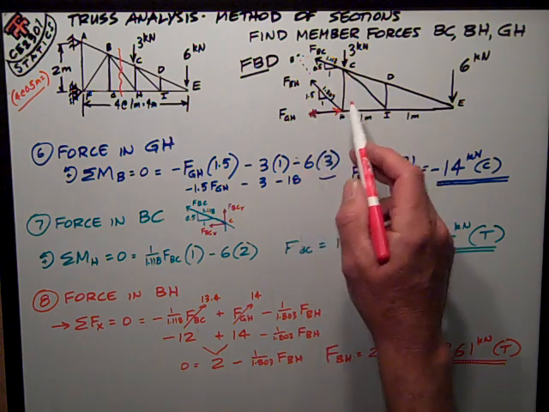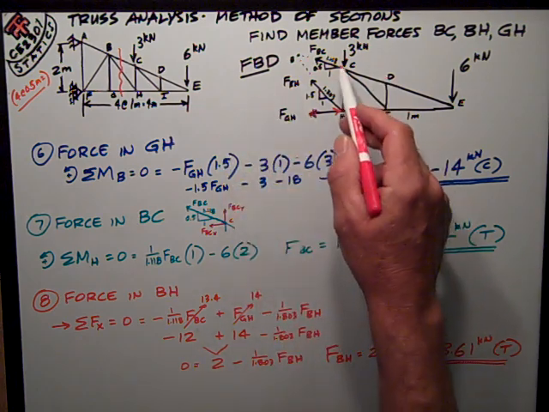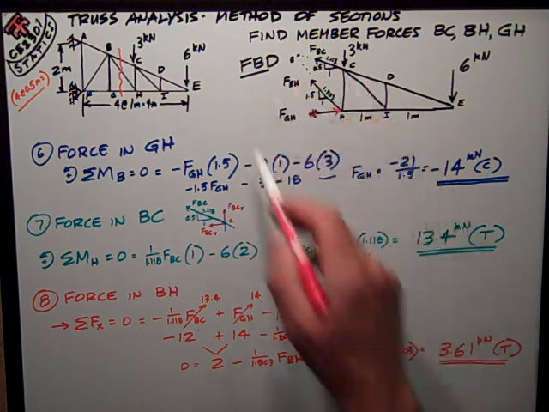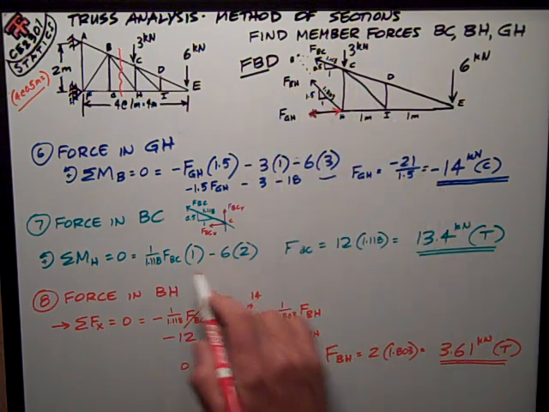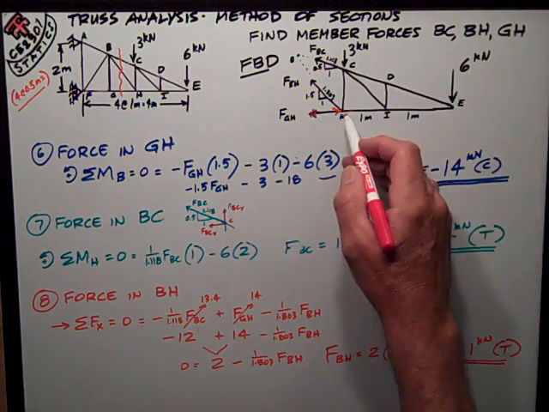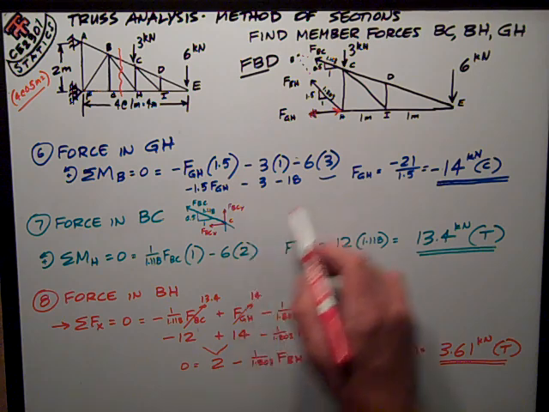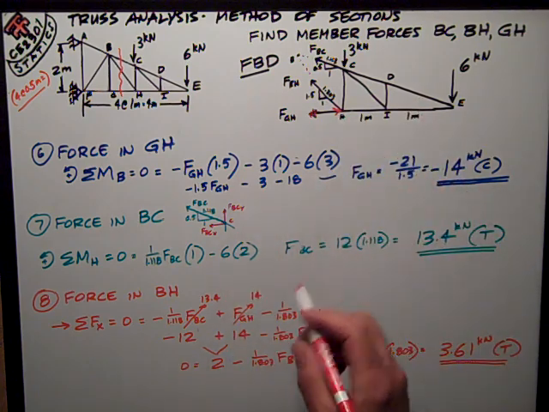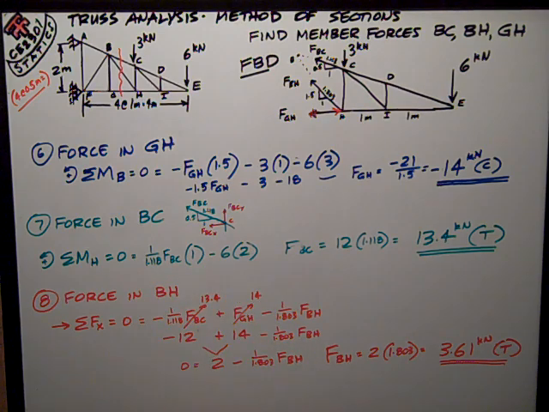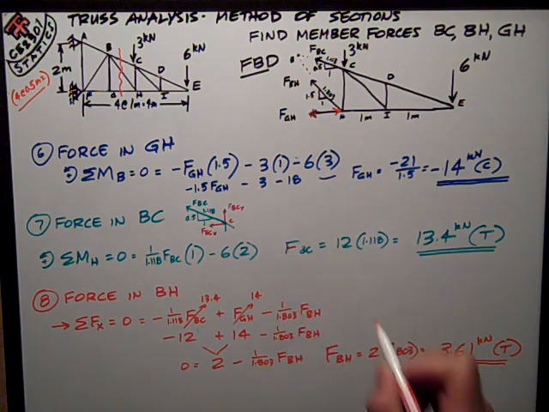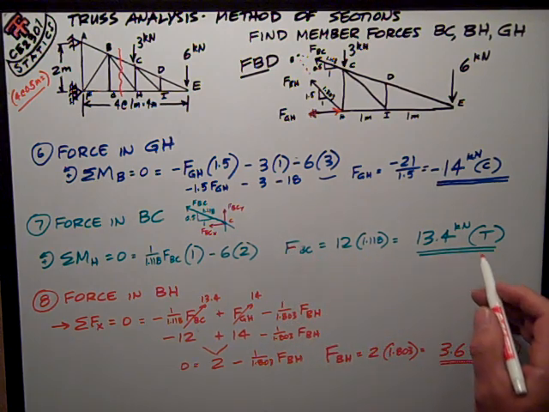That's the moment it's trying to rotate by my tension assumption on the top. It's trying to rotate counterclockwise, so it's positive. And then I have the 6 kilonewton force trying to rotate clockwise or negative about H, so that's 6 times 2 meters. So FBC is equal to 12 times 1.118, and that's equal to 13.4 kilonewtons tension.